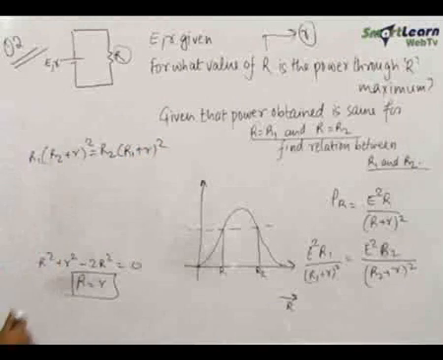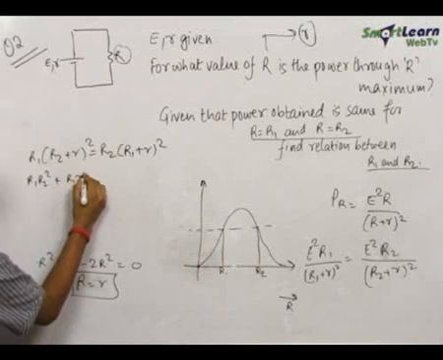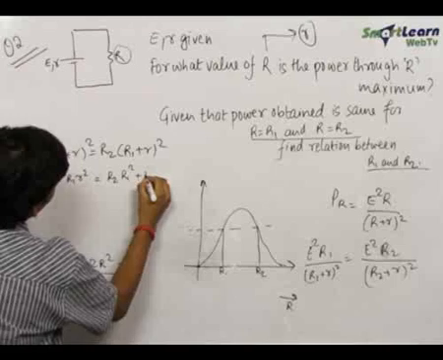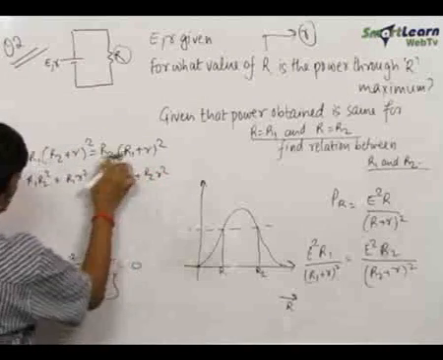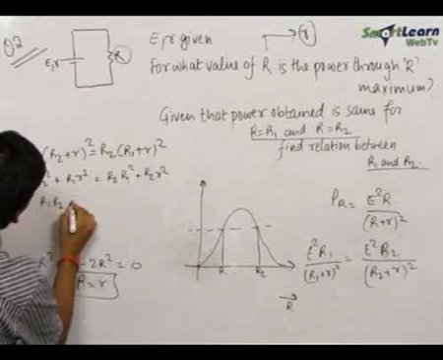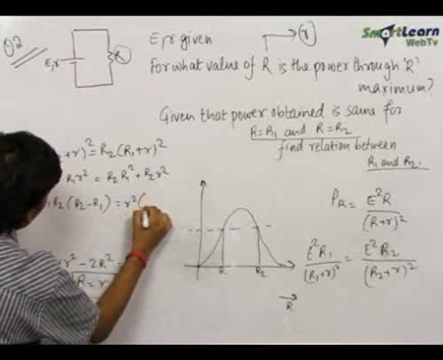This gives us R1 into R2 square plus R1 into r square is equal to R2 into R1 square plus R2 into r square. The term 2R1 R2 r gets cancelled. On solving this, we get R1 R2 into R2 minus R1 is equal to r square into R2 minus R1.